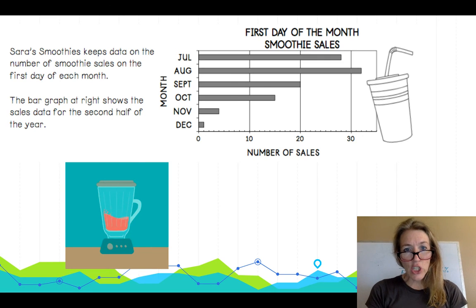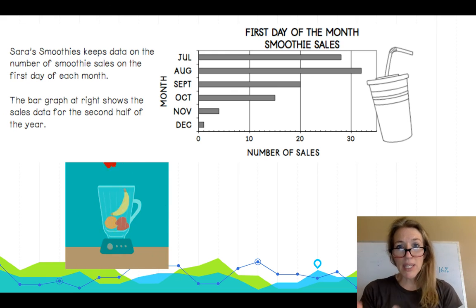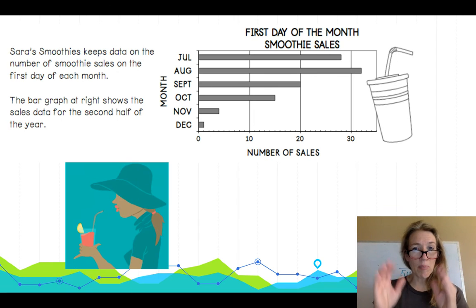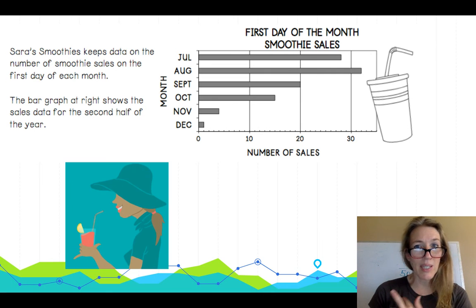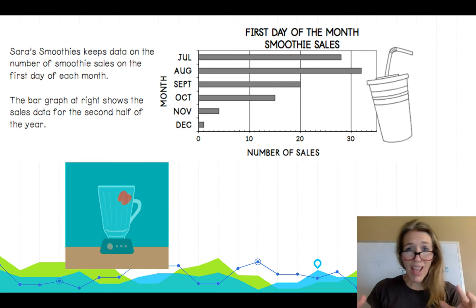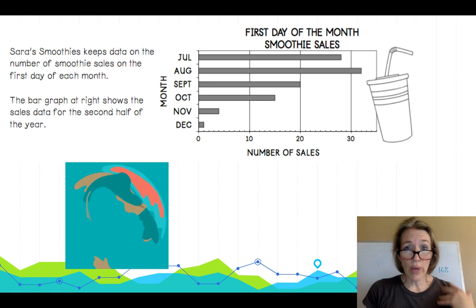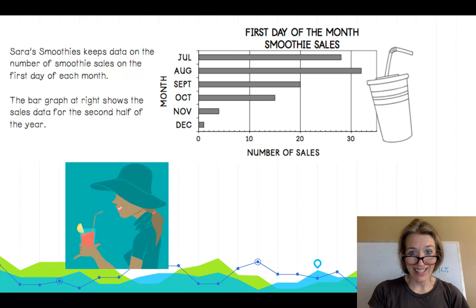So I do want to make note that here in December, it's the smallest bar. So as a business owner, Sarah Smith can simply look at this and say, okay, I don't need a lot of staff in December. I don't need to buy a lot of supplies, cups, and ice and all of this. So it helps her make important decisions about her business.